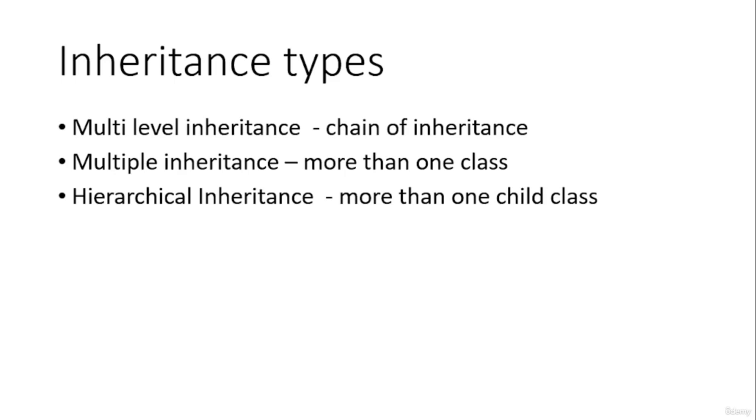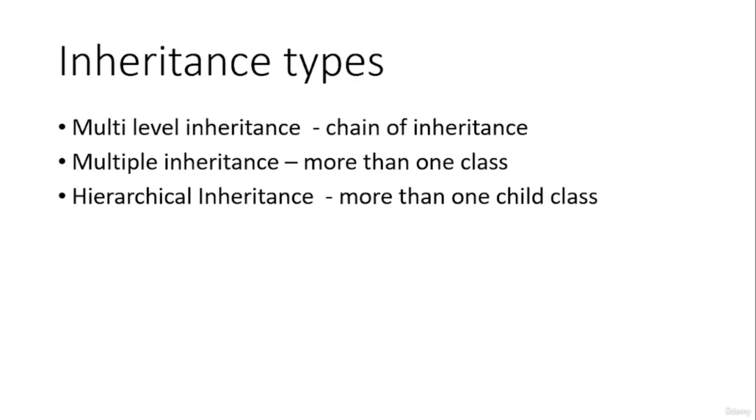The second type is multiple inheritance, where a class inherits from two other classes. This is not possible in Java. A class can have only one parent class, but through interfaces we can have multiple inheritance. When we discuss interfaces, we will discuss this topic.